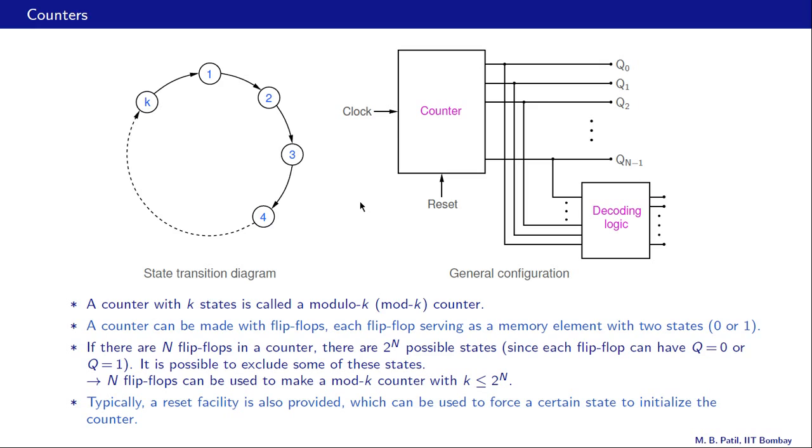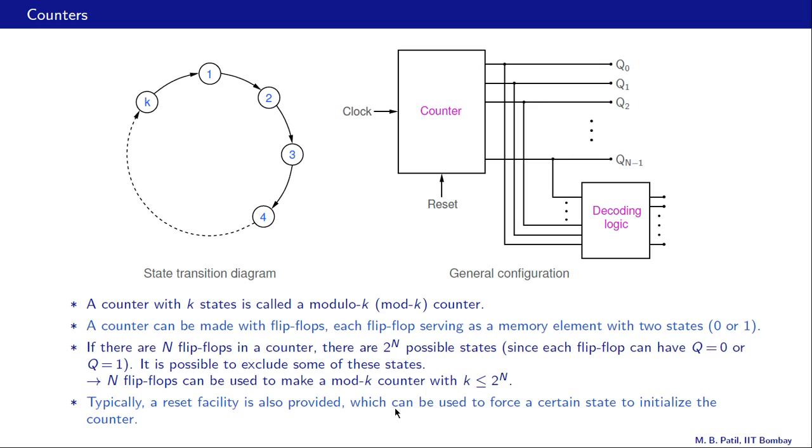And how does the counter go from one state to the next? For example, from 1 to 2 or 2 to 3. That is done by the clock pulses. So every time there is a clock pulse, the counter will advance by one state from 1 to 2, 2 to 3, 3 to 4, and so on. And this goes on. In addition, a reset facility is also provided, this input here, which can be used to force a certain state to initialize the counter.